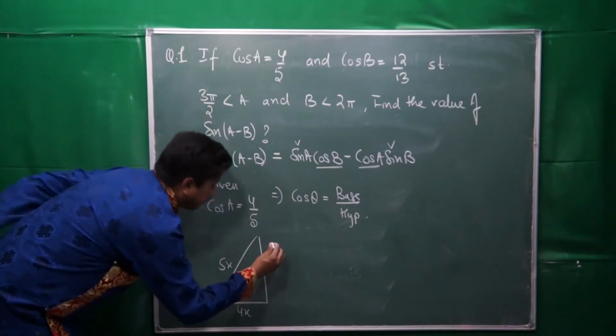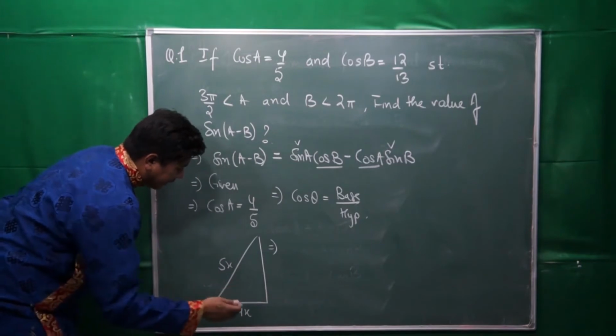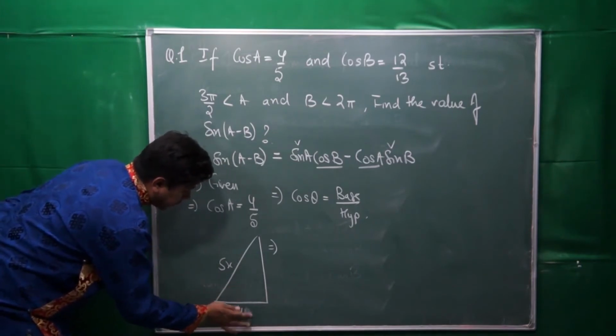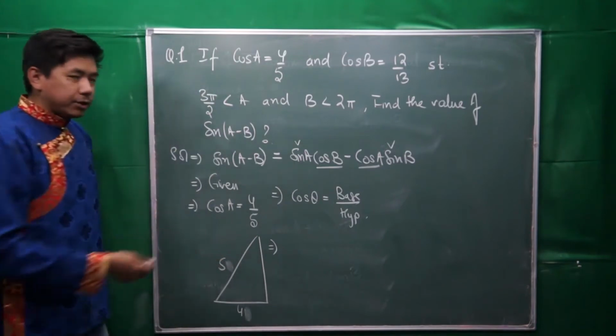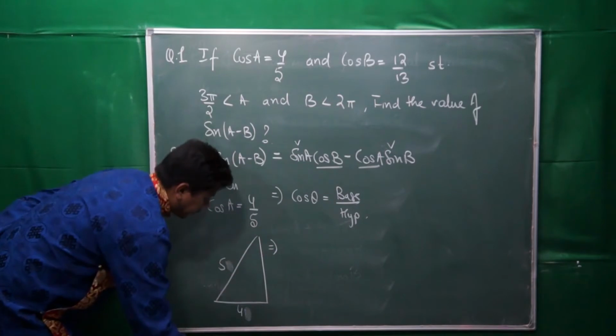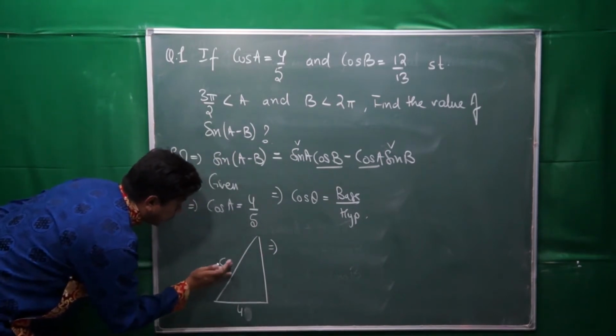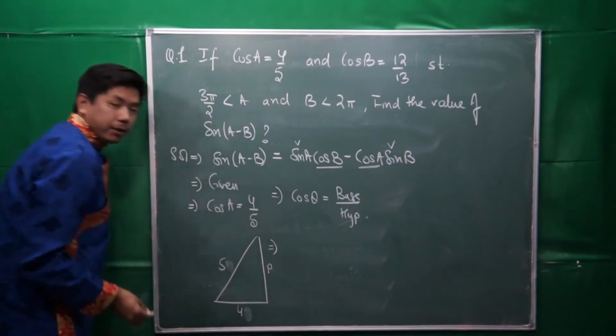If we use it in the Pythagoras theorem, instead of writing x, we'll just remove it, because later on x is going to get cancelled and there won't be any use of x. Let's say this is the perpendicular.